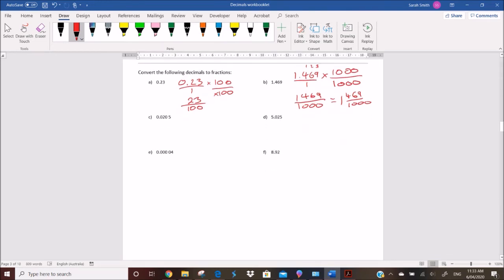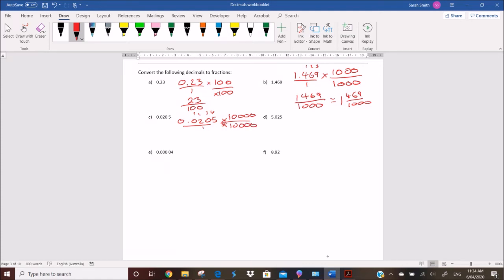Okay, in C, we're going to have 0.0205 over 1. We've got 1, 2, 3, 4 decimal places, so we need to multiply by 10,000.